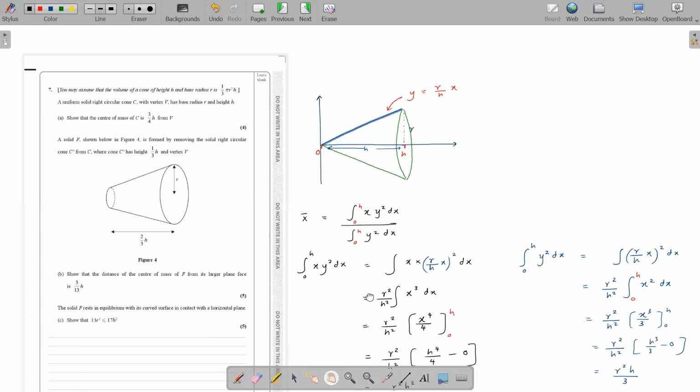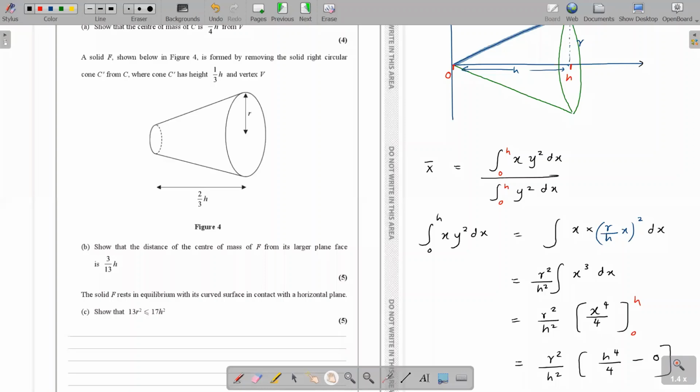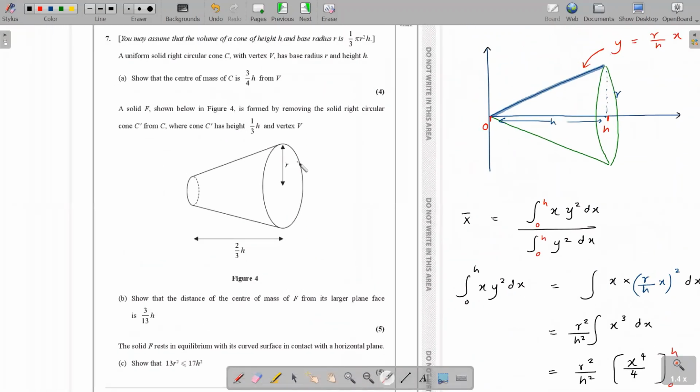Show that the center of mass of C is 3 over 4h from V. Yeah, so it's 3h over 4. Okay, so then we'll move to the next part. Okay, so next part they tell you a solid F shown below in figure 4 is formed by removing the solid right circular cone C dash from C, where cone C dash has height 1 over 3h.